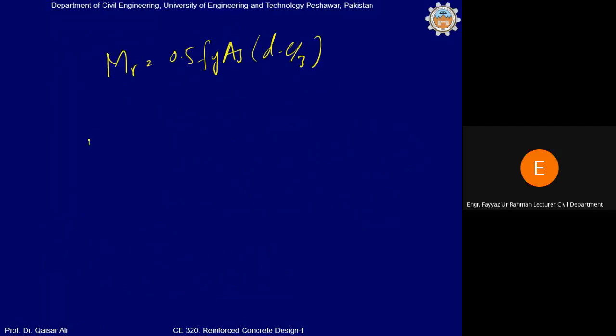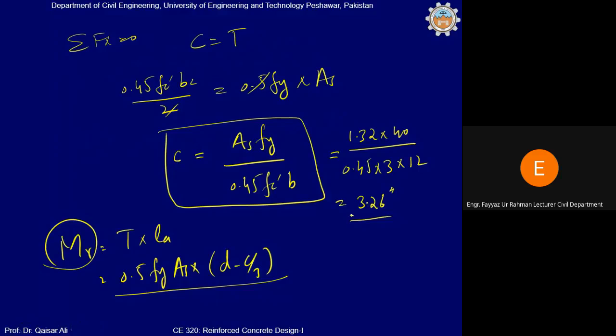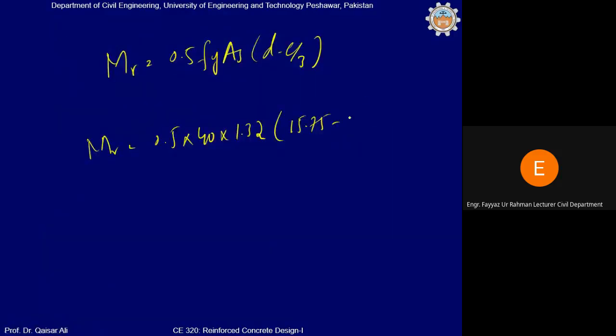If we calculate for this example, it will be equal to 0.5 multiplied by 40, As was equal to 1.32 multiplied by D was equal to 15.75 minus the value of C we just calculated, 3.26 divided by 3. Calculate this.